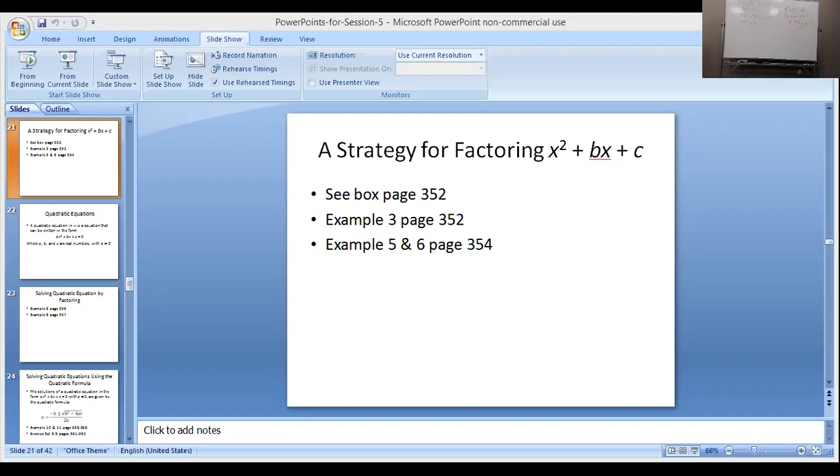If I use 28 and 1, when I add, I end up with 84x minus 1x, I get 85x, so that doesn't work. If I use minus 28 this way and minus 1 over there, again, it doesn't work. If I use minus 2 and minus 14, still doesn't work.